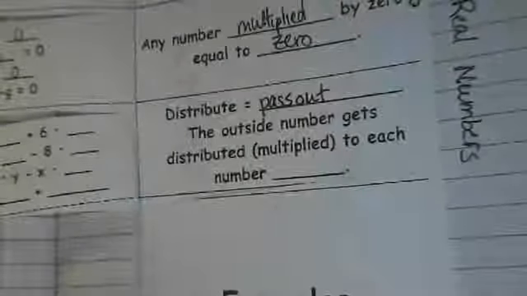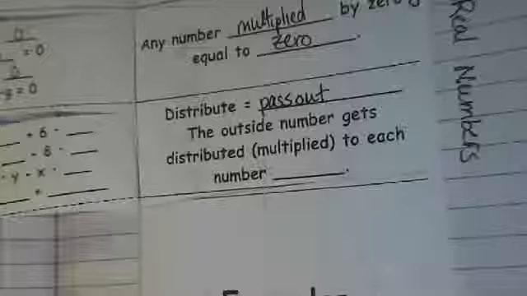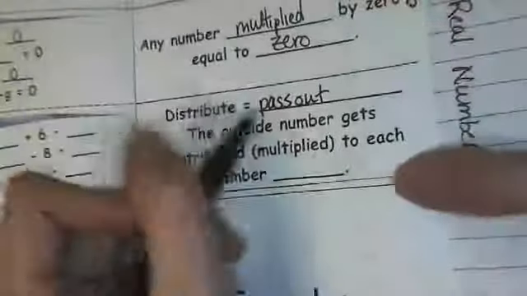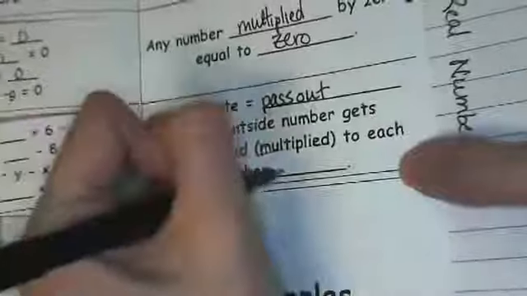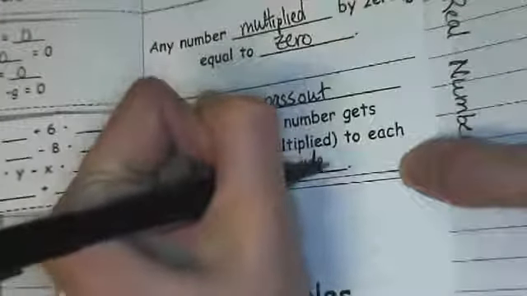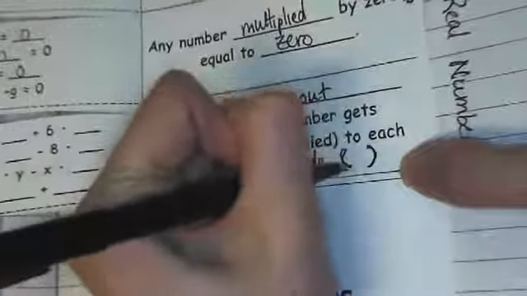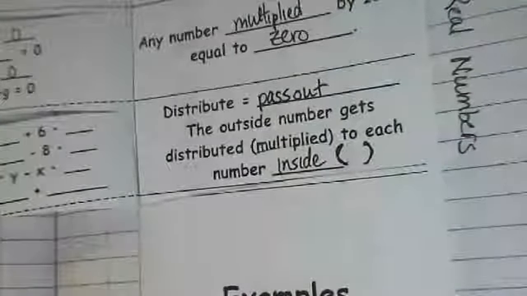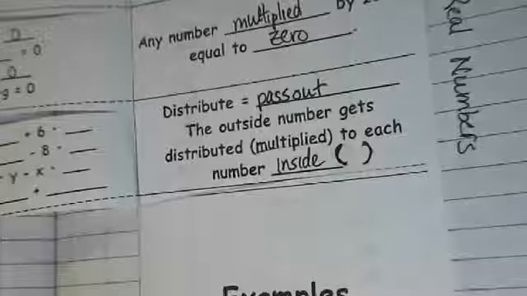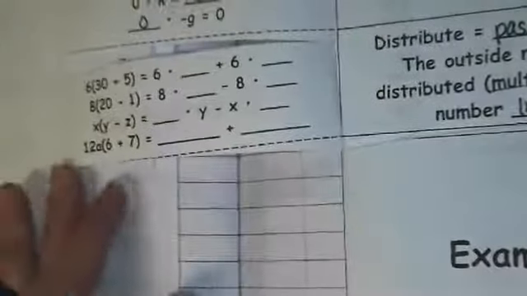So that means the outside number gets distributed, or multiplied, to each number inside the parentheses. It's really, really important. We're going to talk a little bit more detail about distributive property, but here's what it really looks like to make sure you identify it.